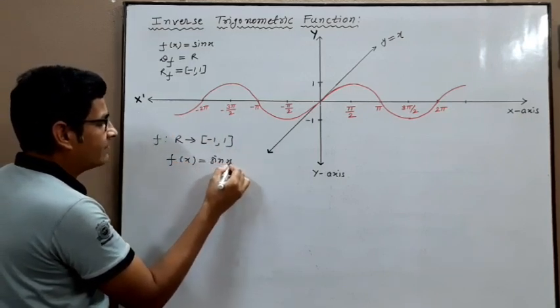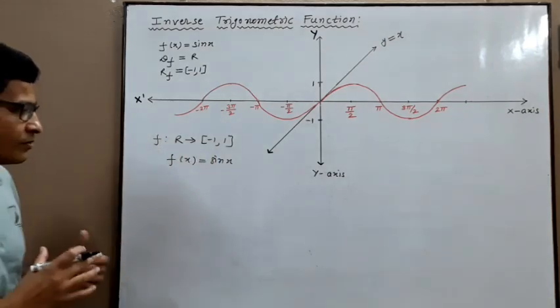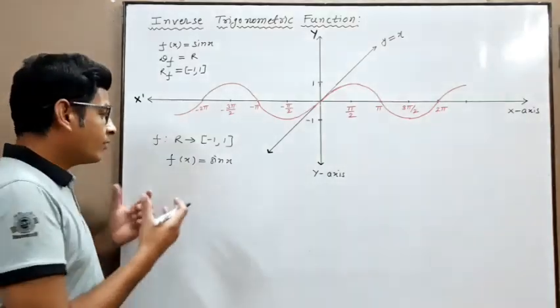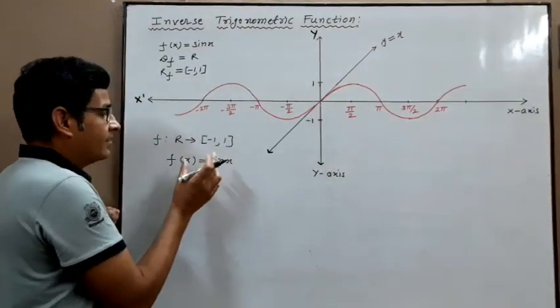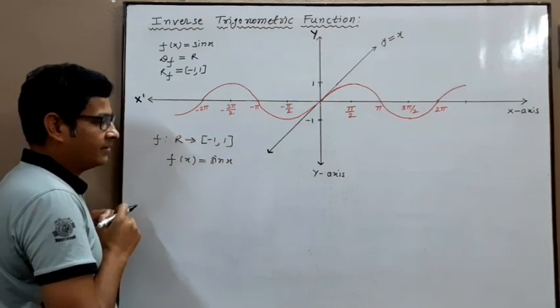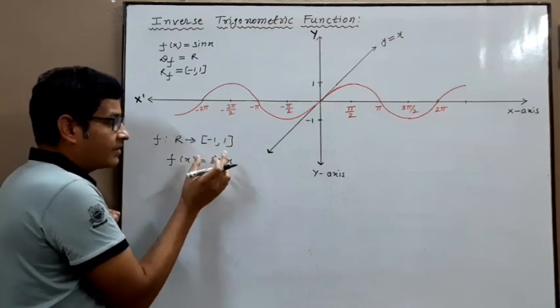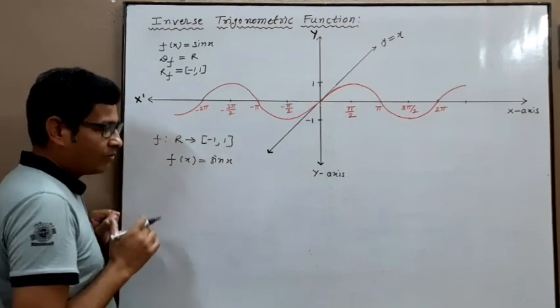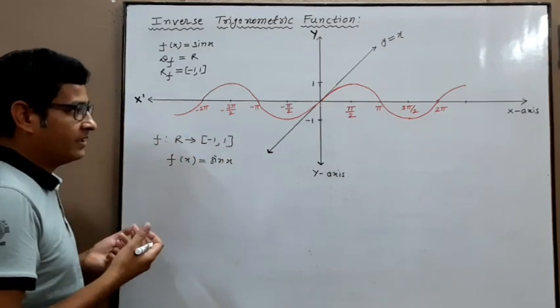We have to find the inverse of sin x. So first we have to show sin x is an invertible function. How can we check? Clearly, the codomain of this function is the range of sin x, which means this function is onto. Now check for one-one.